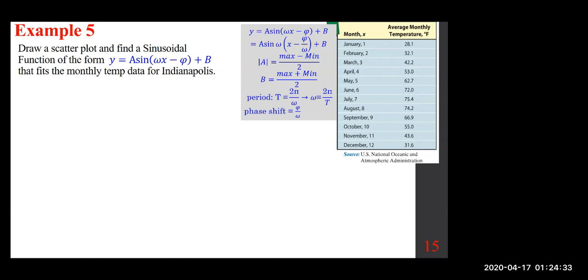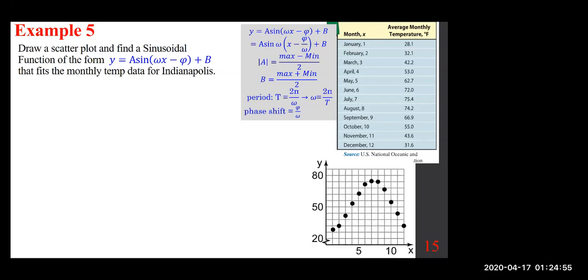We want to draw a scatter plot and find a sinusoidal function of the form that fits the monthly temperature data for this case. You can do the scatter plot. I wouldn't worry about that. I guess everybody can do that. If you do the scatter plot, it looks something like this. Okay, class?